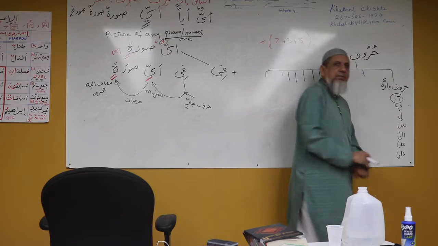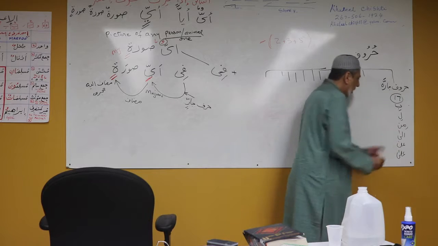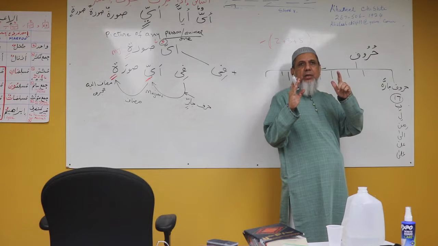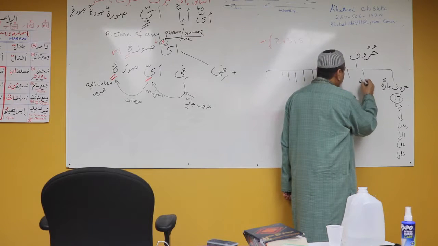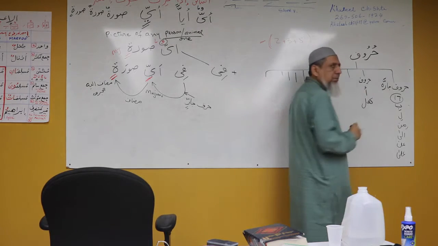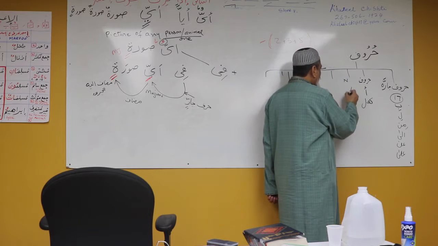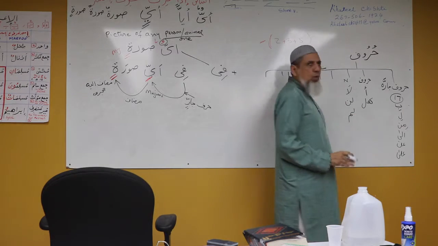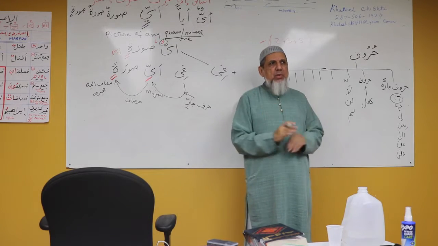There are 17 in number. Min, not man, min, ila, an, ala. Listen to me here, Ishaq. There are huruf of interrogation: a, hal. There are huruf of negation, for example la, lan, lam. Huruf are not noun.